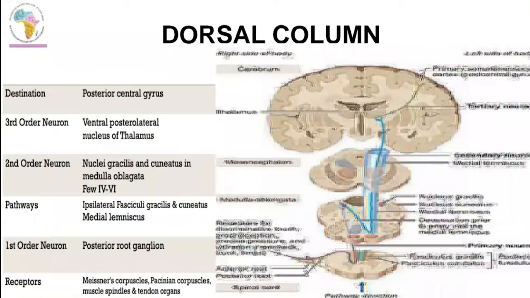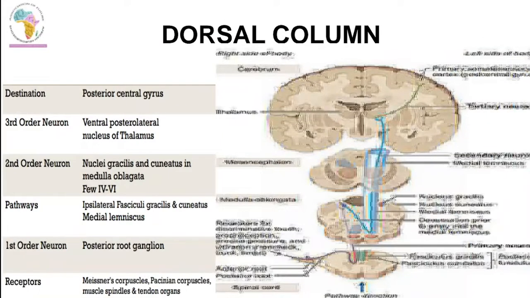So when these receptors send action potentials, they send them via the posterior root ganglion, which now further relays the information.